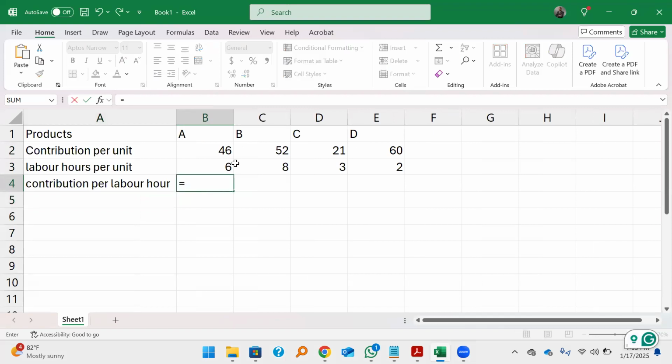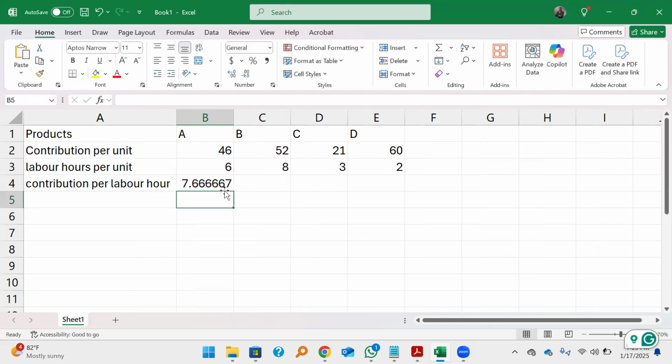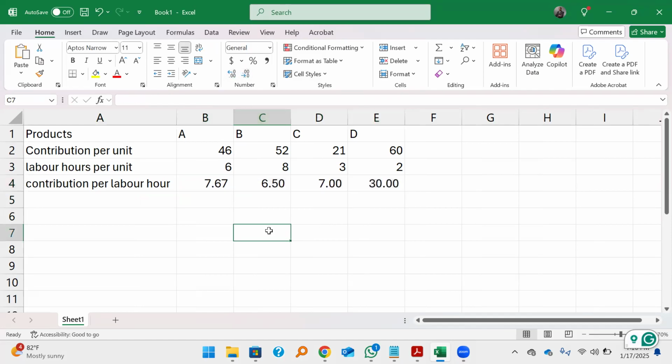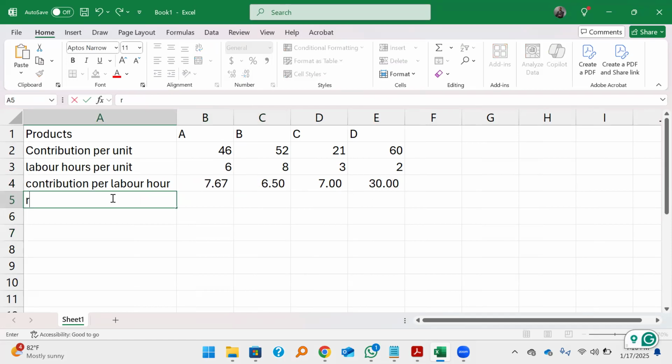Basically, you just divide contribution per unit by the labor hours, which gives us those figures. To work in the same decimal places, you have 7.67, 6.57, and 3. Then you can do a ranking.